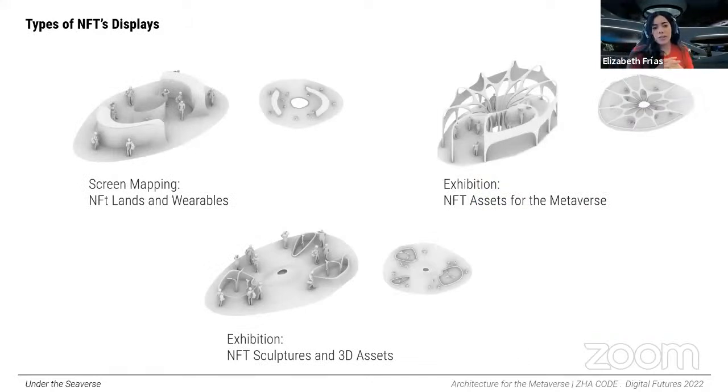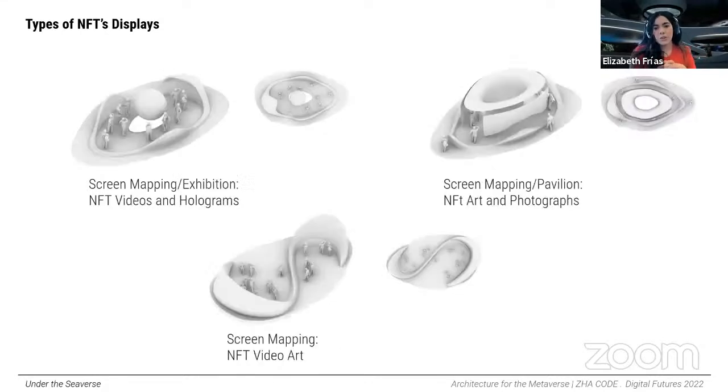For example, the first one we can see is the tree mapping, and it's for lands and wearables. The second is an exhibition, and we can use that for assets for the metaverse, and the other one for sculptures and 3D assets. In the next page, we can also see our prototypes for displaying the NFTs in different ways, for example video art, holograms, and photographs.